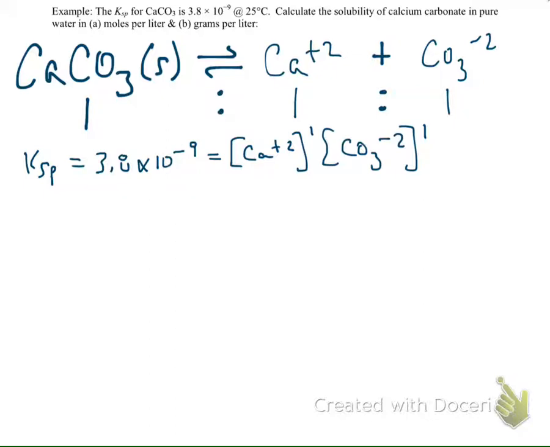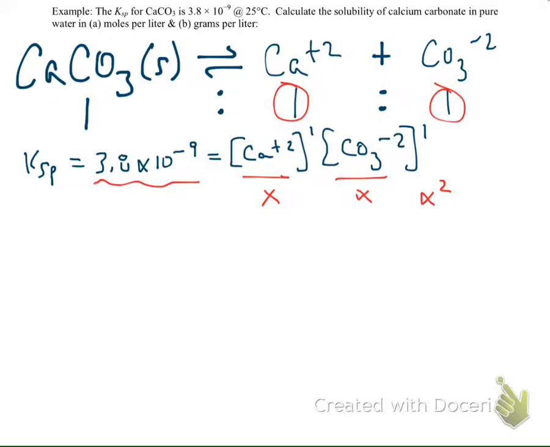At this point, we are not given any mathematical values for our calcium or our carbonate. Because we know that they both need to be the same value, because it's a 1-to-1 ratio, we can give them the same variable, and that same variable is going to be x, like we've done before. Then x times x is x squared, and we can solve for x using this value here.